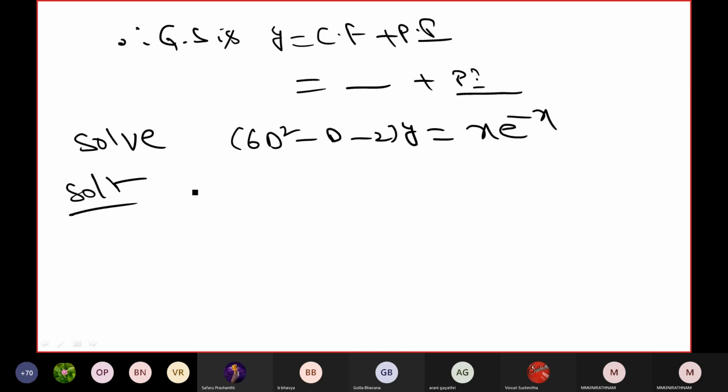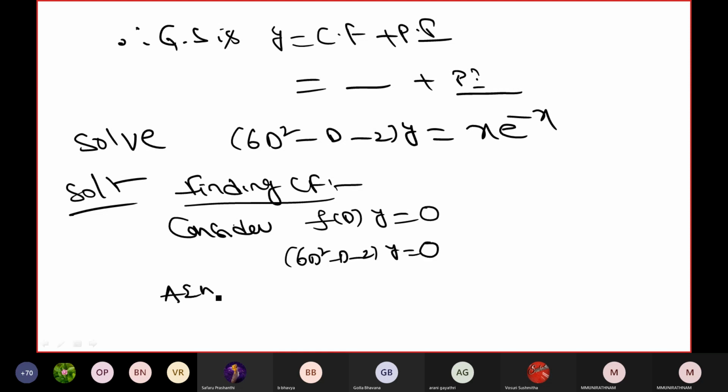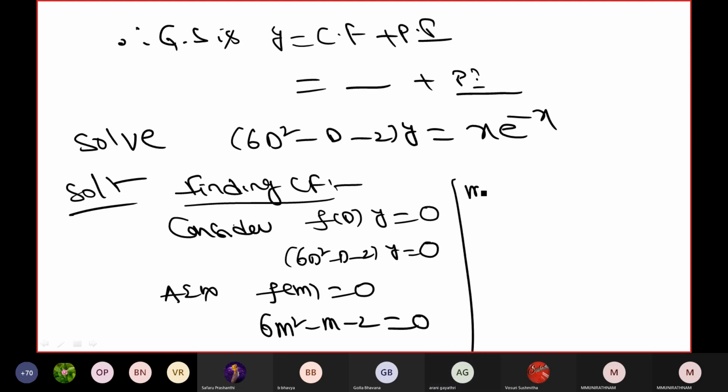So what are the roots? Minus b plus or minus root of b square minus 4ac by 2a.